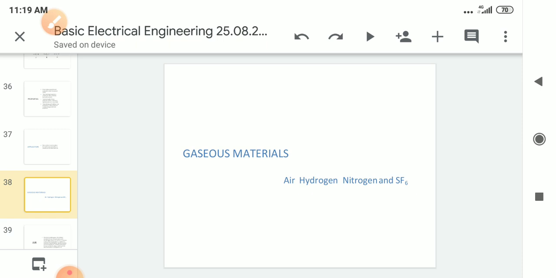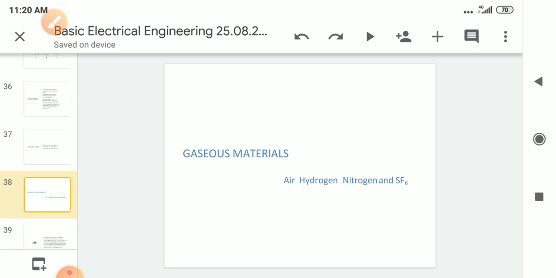All the equipment in the substation, due to these insulation properties, requires very little place for the complete substation. So sulfur hexafluoride is also a very good application. After that, carbon dioxide.